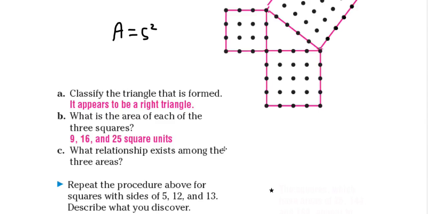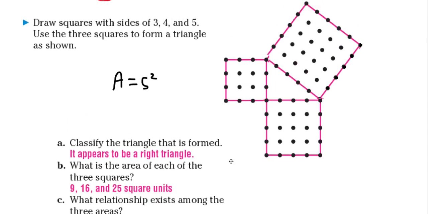What relationship exists among the 3 areas? If you notice, if I get 9 and add it to 16, it'll equal 25. Or it's 3 squared plus 4 squared equals 5 squared. 3 squared right here forms a square, plus 4 squared will equal 5 squared.